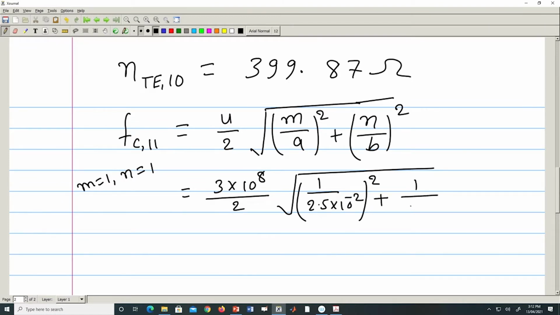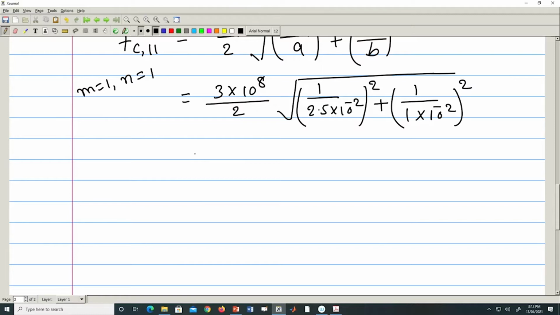Cutoff frequency for the TM11 mode, after calculation, will come 16.16 gigahertz. So, this is the cutoff frequency for the TM11 mode. From this we will get the wave impedance easily.